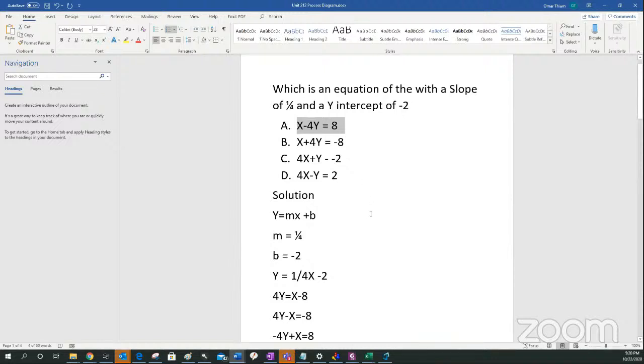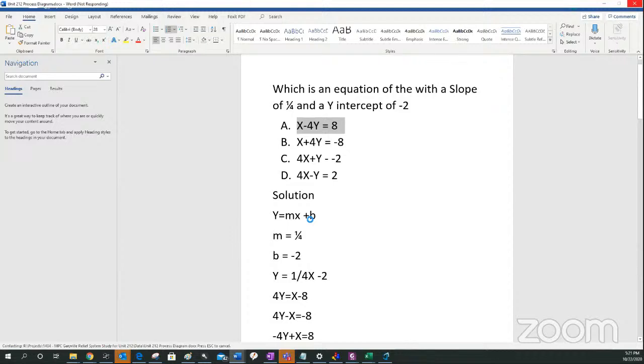For us to do that, we have to know our equation of a line. Based on the equation of a line, we have y equal mx plus b, right?